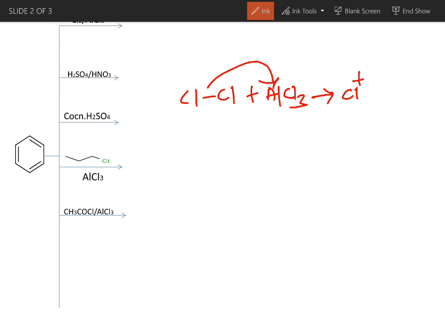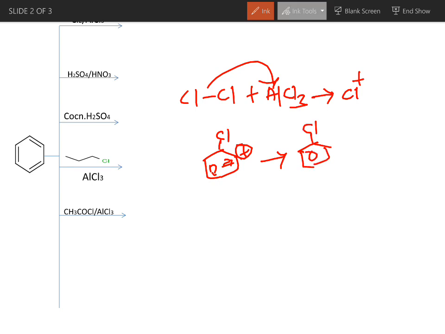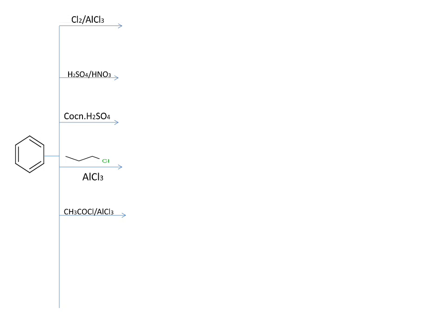Now this electrophile easily attacks on benzene ring and forms a carbocation. This carbocation is further stabilized by resonance and gives a compound chlorobenzene. So the product of the first reaction is chlorobenzene.